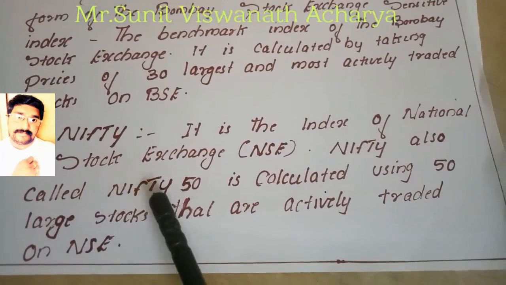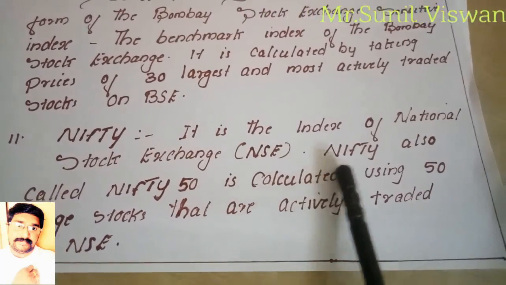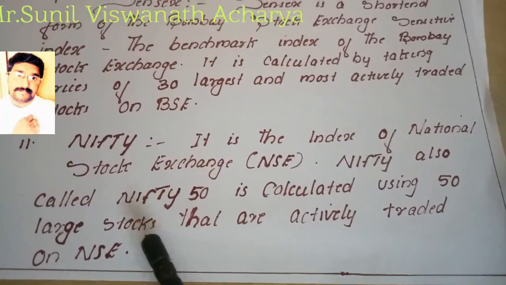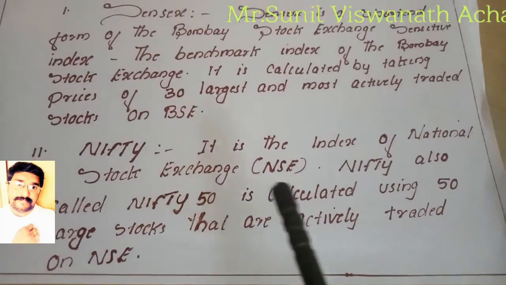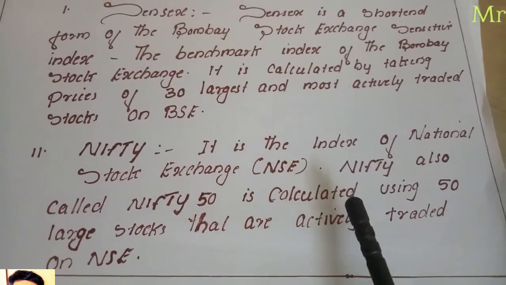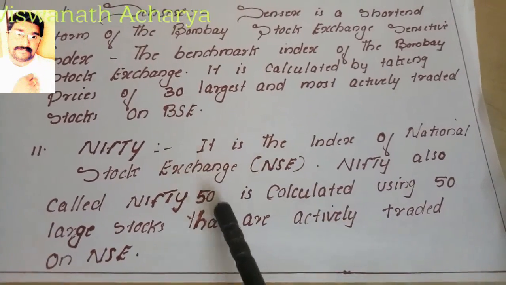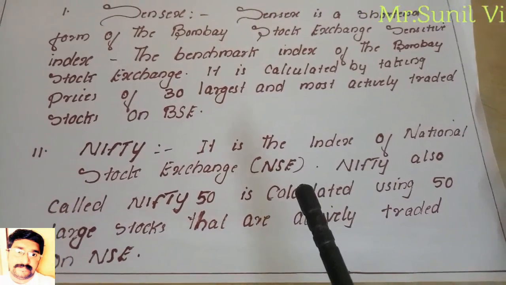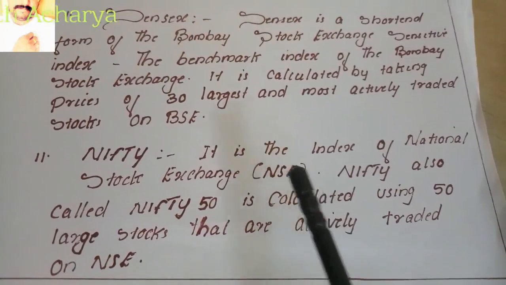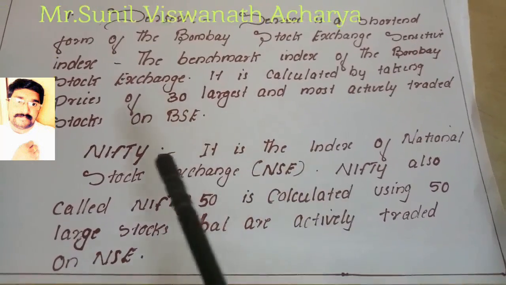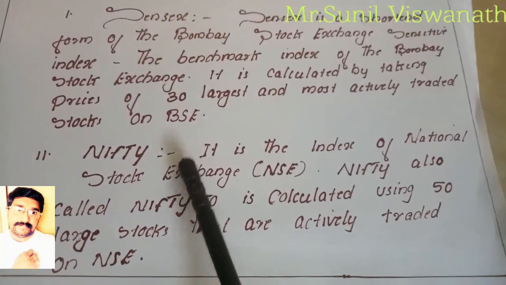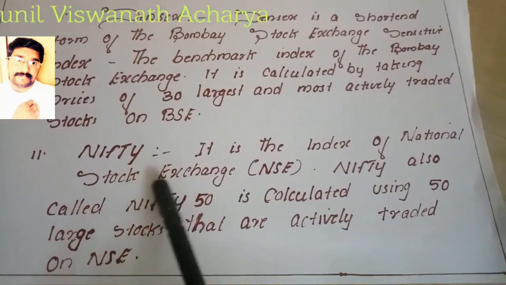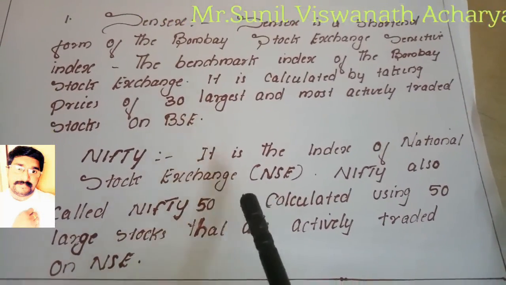It is calculated using the 50 largest stocks that are actively traded on the National Stock Exchange. The 50 most prominent shares are taken for calculating the index of the National Stock Exchange, that is Nifty. So always remember, Sensex is the index of the Bombay Stock Exchange and Nifty 50 is the index of the National Stock Exchange.